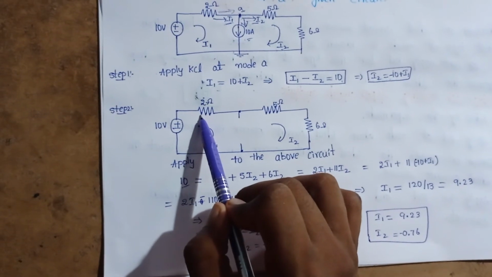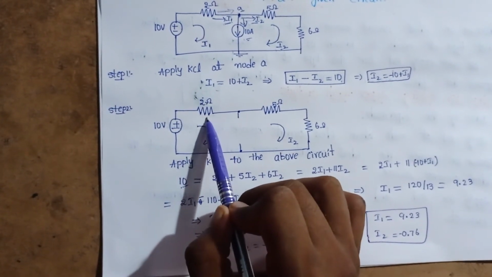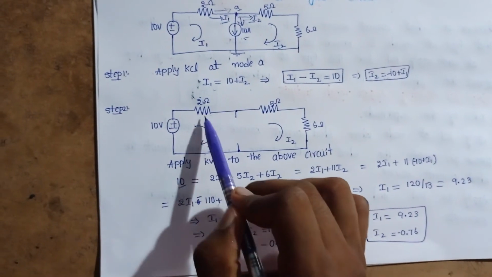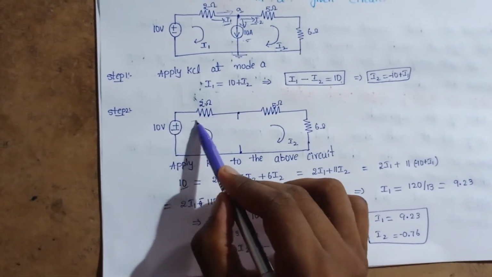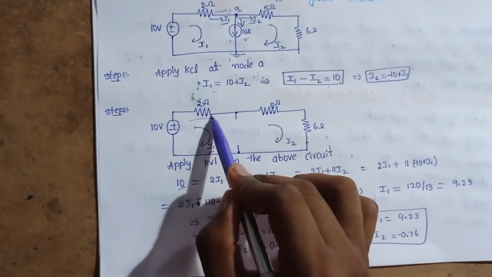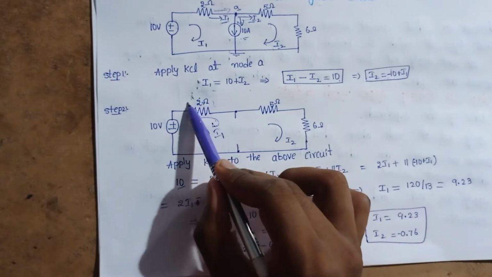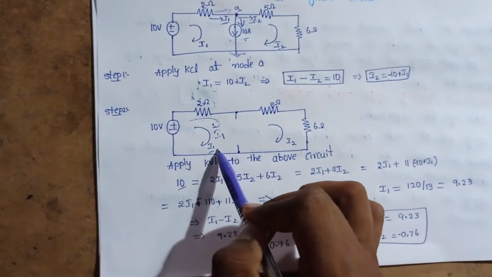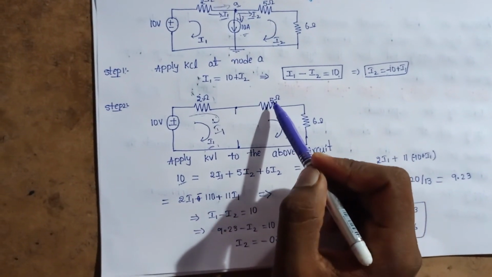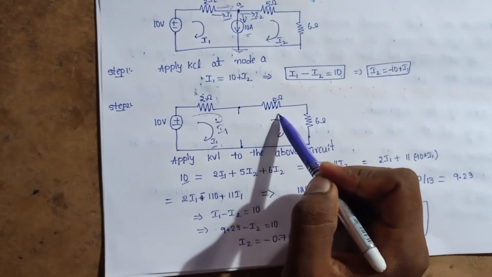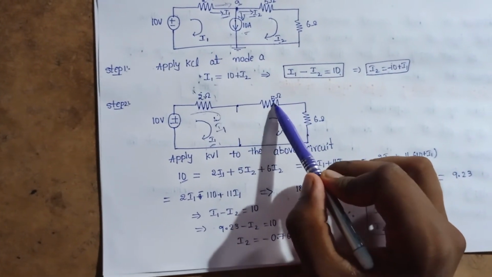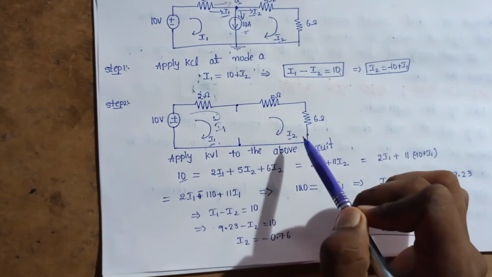First, the voltage drop at the 2 ohm resistor: the current flowing through the 2 ohm resistor is I1, so the voltage across it is 2I1. Next, the current flowing through the 5 ohm resistor is I2, so the voltage across it is 5 into I2.